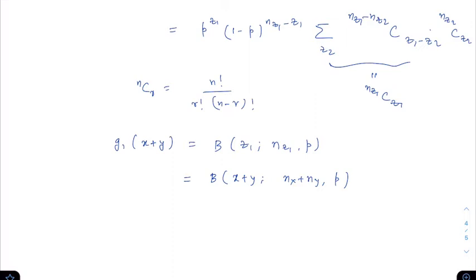Now, one straightforward generalization of the binomial distribution is the multinomial distribution. So this basically corresponds to the case where we have more than two outcomes.